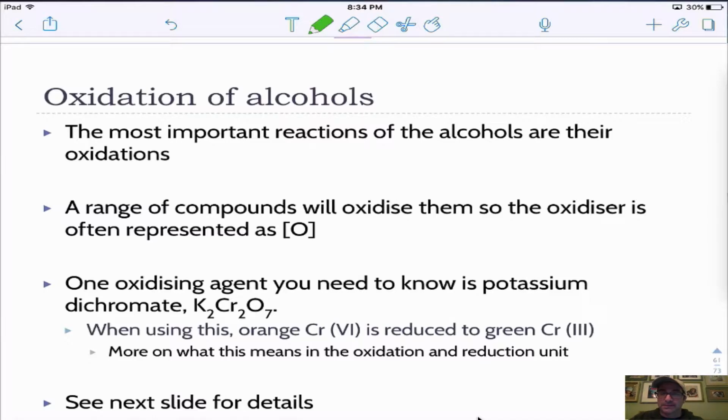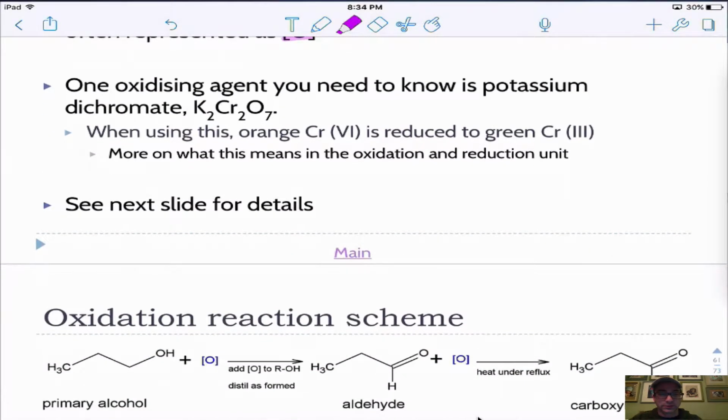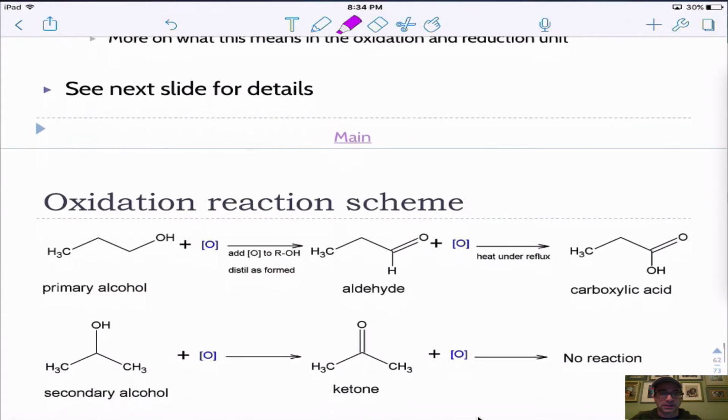The chromate or dichromate is reduced from its +6 state to its +3 state, and the alcohol is oxidized. This is represented as an O with a bracket around it, and that shows you the oxidizing agent. Let's go through some of these reactions that you need to know.